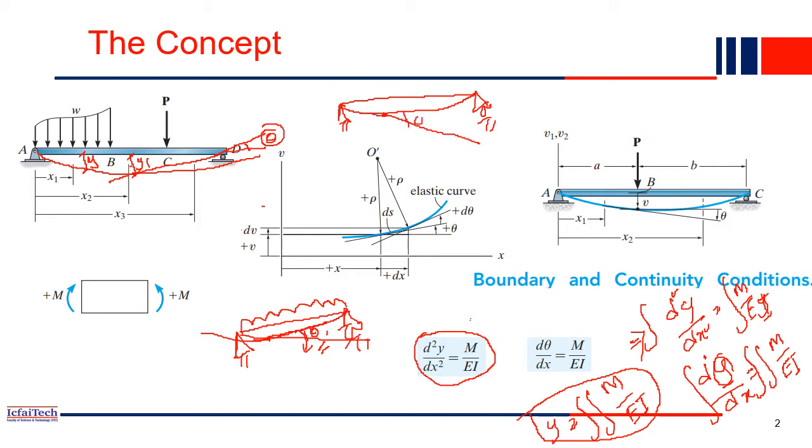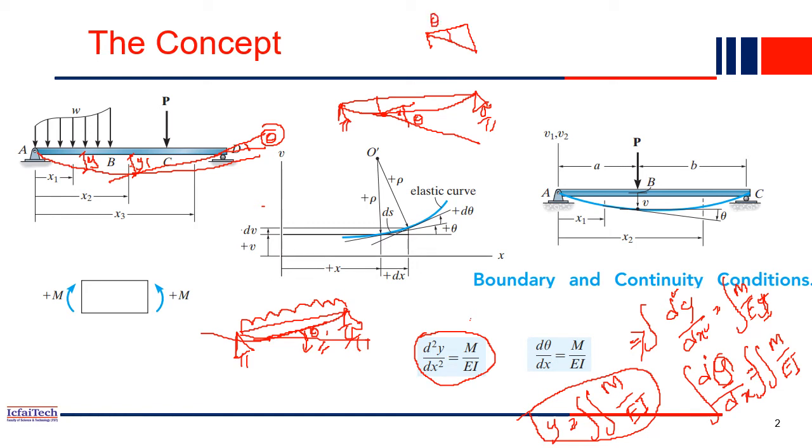This slope is theta, the angle it makes with the horizontal. To show this, I'm drawing a small triangle separately, and this angle is theta.